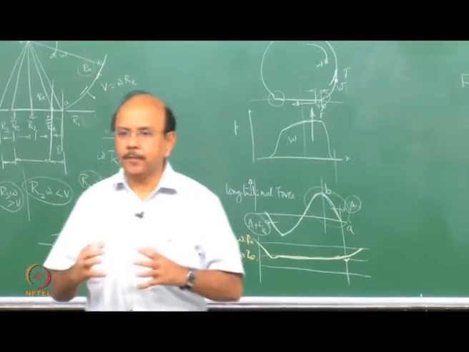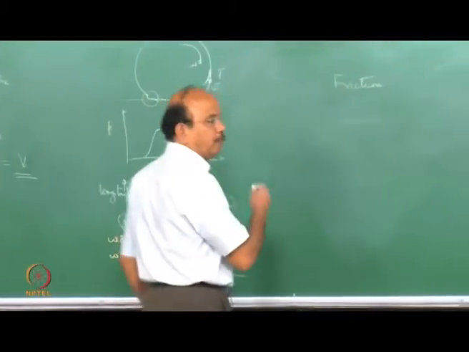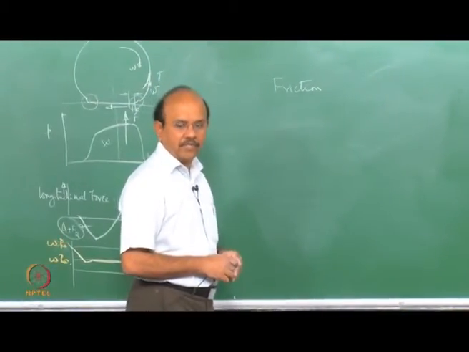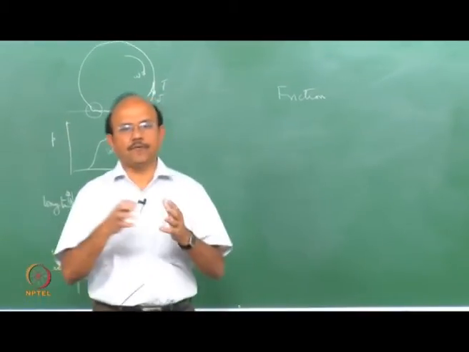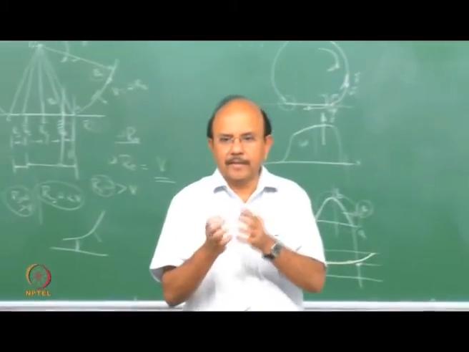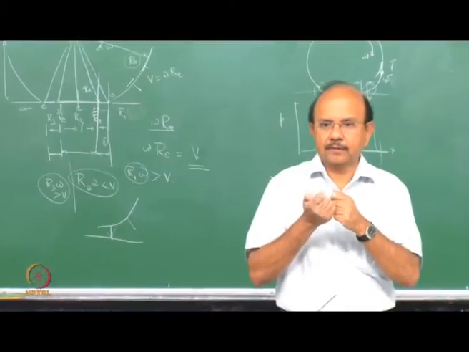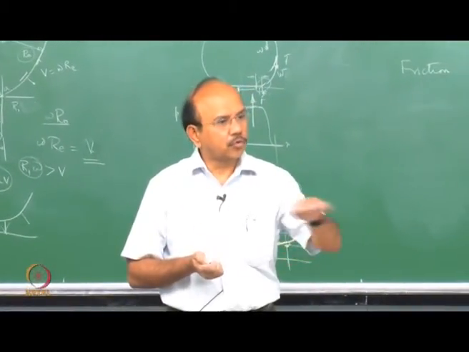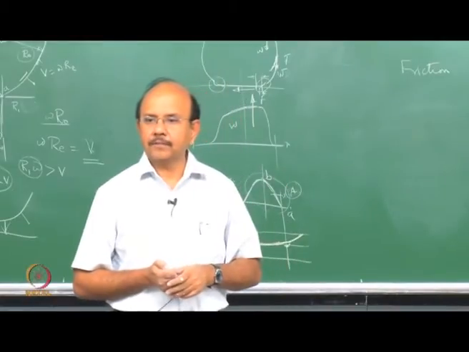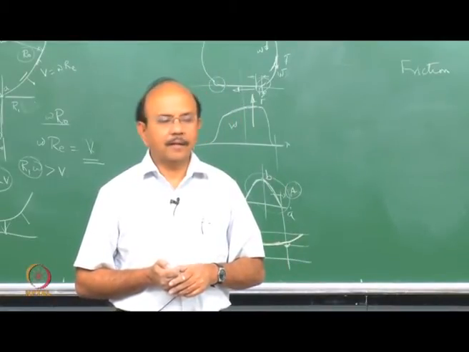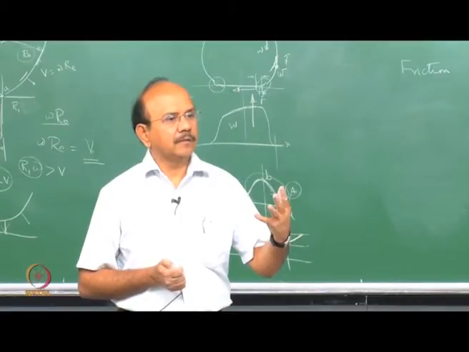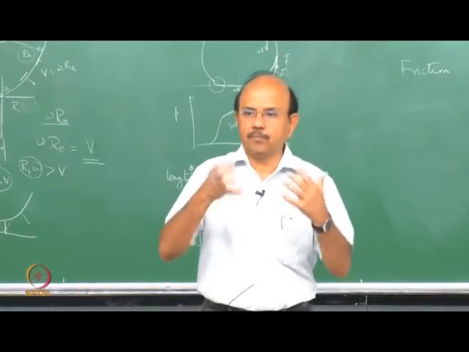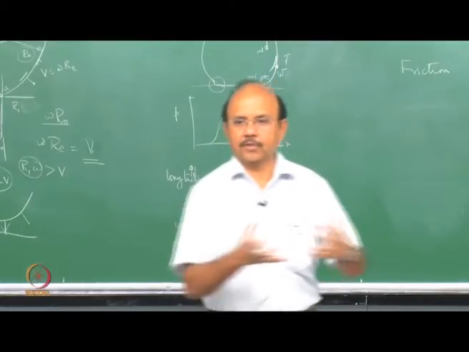In other words, there's a race between the normal force determined by the contact pressure and the tangential force determined by this pulling and pushing. And this is not a constant throughout the contact patch. And whenever one exceeds the other, in other words, the tangential force exceeds mu into N, it's going to slip.